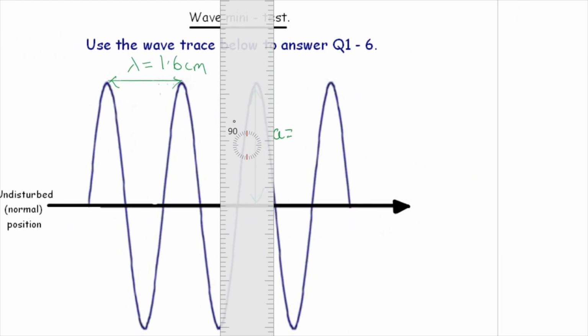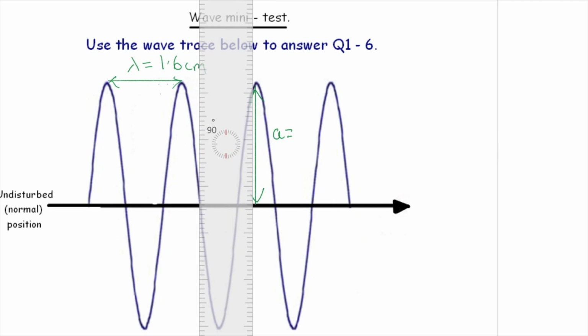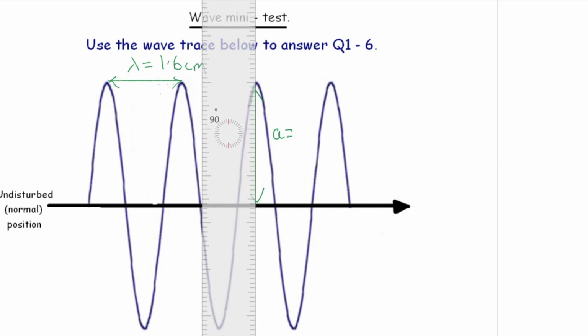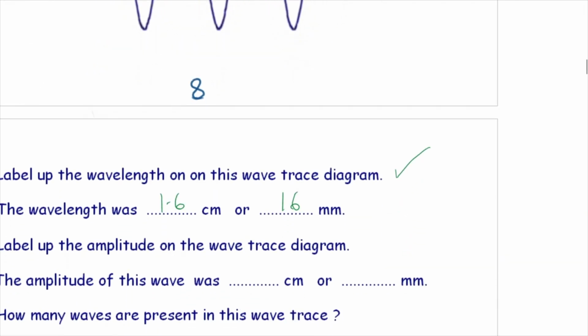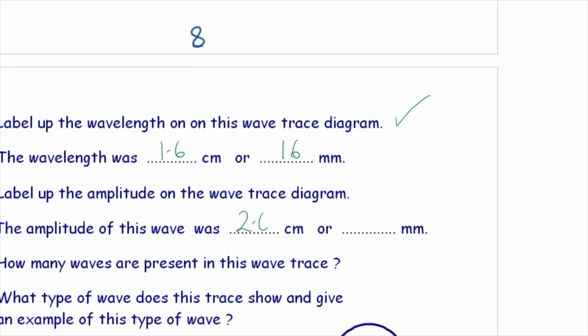The scale will be different in your booklet. So if it's 2.6 centimeters for the amplitude, that's 26 millimeters.